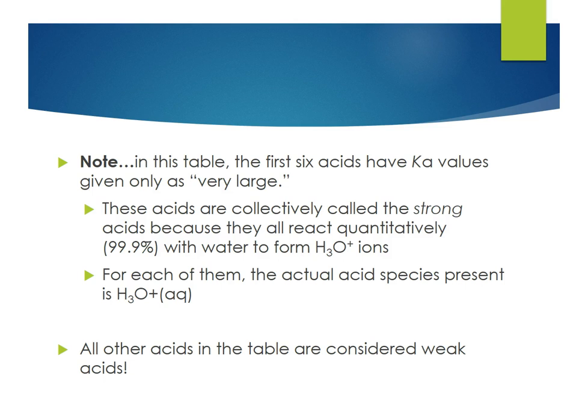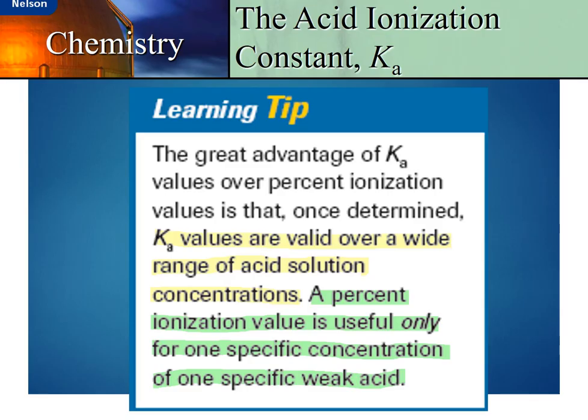This is because these are quantitative reactions, and so we can expect all of the acid to react with water to form hydronium ions. Any other acid is considered to be a weak acid. Ka values are used in chemistry because their values are valid over a wide range of concentrations.